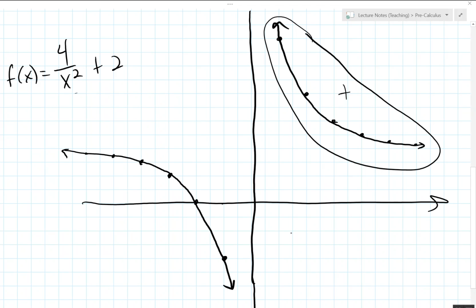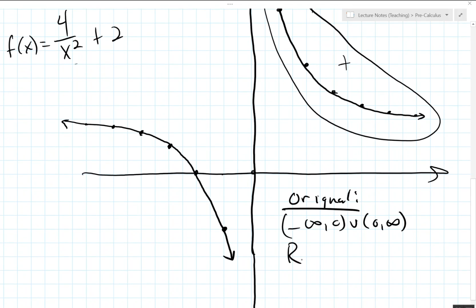Well, our original domain is negative infinity to 0, union 0 to infinity, because 0 is undefined for this function. So we're just going to take our restricted domain to be the domain of this part, which is lying over this interval. So our restricted domain is now 0 to infinity.